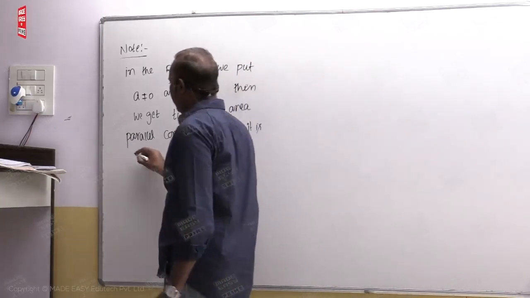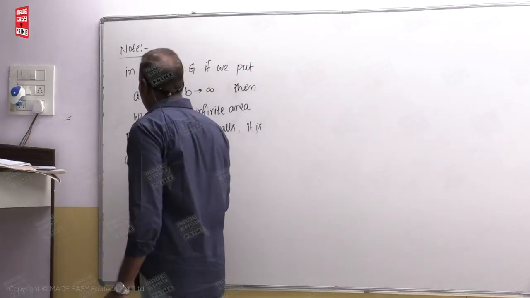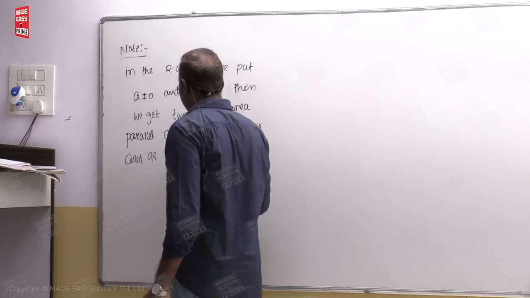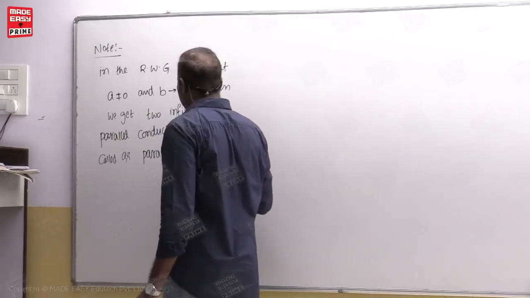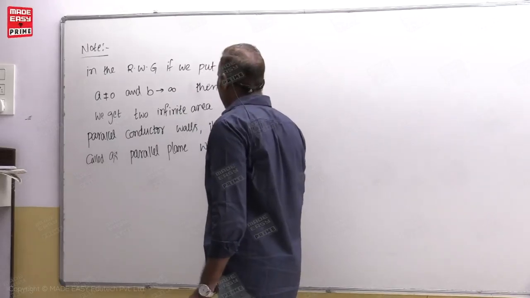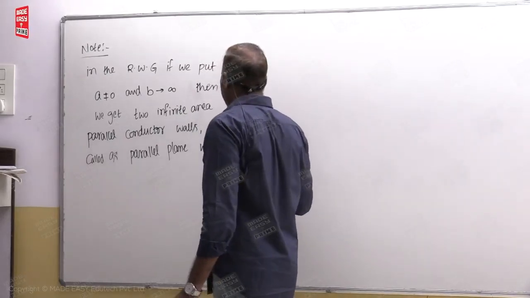It is called a parallel plane waveguide. Plane means surface. Parallel plane waveguide.